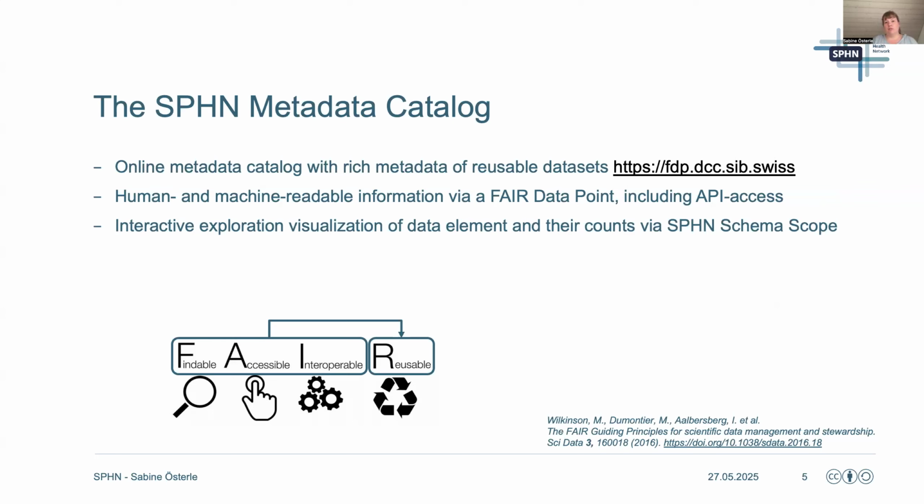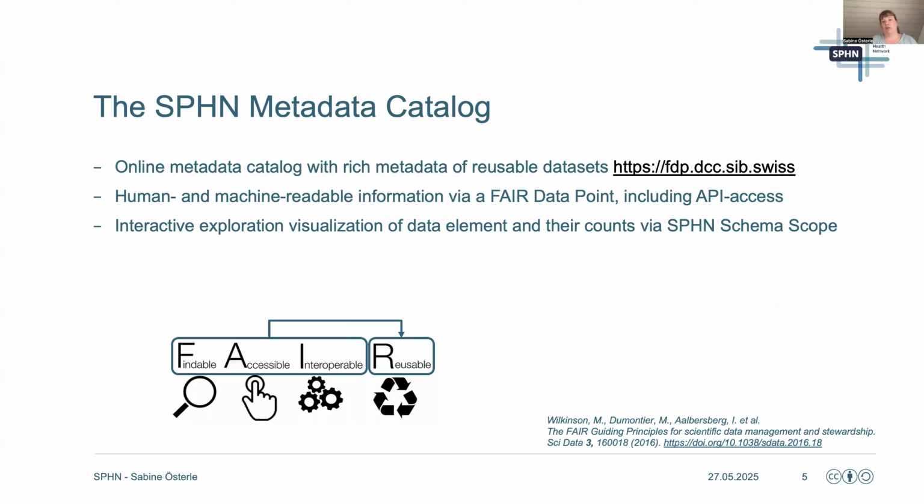What was very important for us was to have something which is both machine and human readable, and we do so by following the FAIR Data Point specification and also enabling API access to our metadata catalog, so that machines can really access that data and analyze it. But of course, for the humans, we also needed to do something.